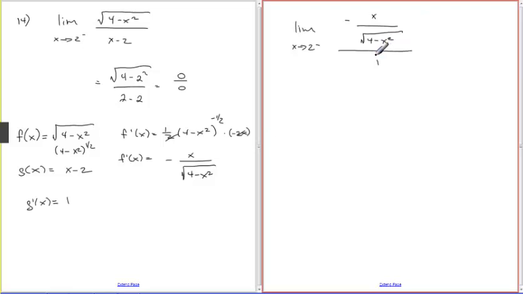And so the question is, what do we do now? Because we can plug 2 in, and we'll get negative 2 divided by the square root of 4 minus 4, which is 0. So you end up with 2 over 0, which would give you infinity. So is that the answer?